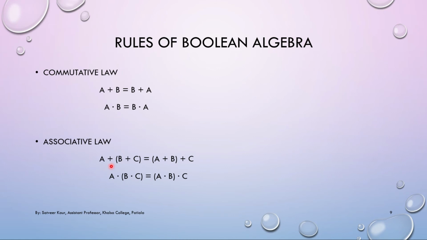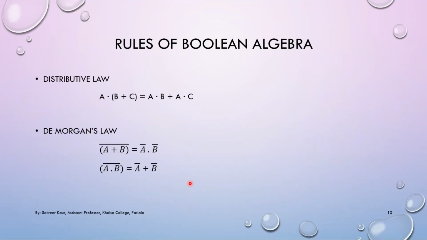A or, in parenthesis, B or C: if we perform in this order, or if we perform first A or B and then or C, the results will be the same. And in the same way, A and B and C equals A and B and then and C. The results will be the same. This is called the associative law.